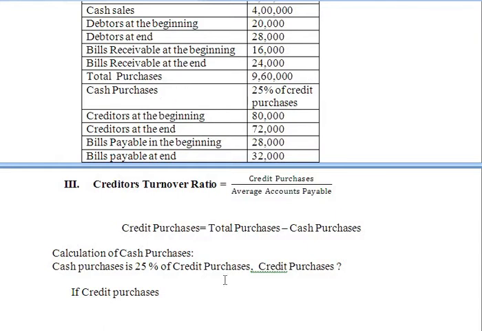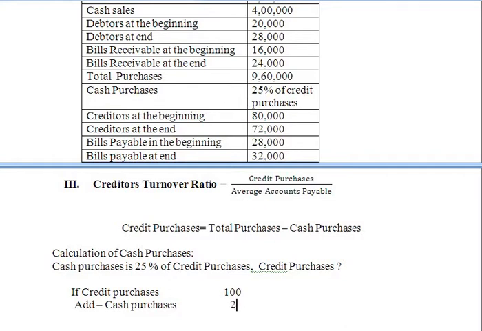So we assume that credit purchases is 100%. If we add cash purchases to credit purchases, we will get the total purchases. So right here, add cash purchases. What is the amount of cash purchases? It is 25%. They have not given the amount, so we will take here 25.